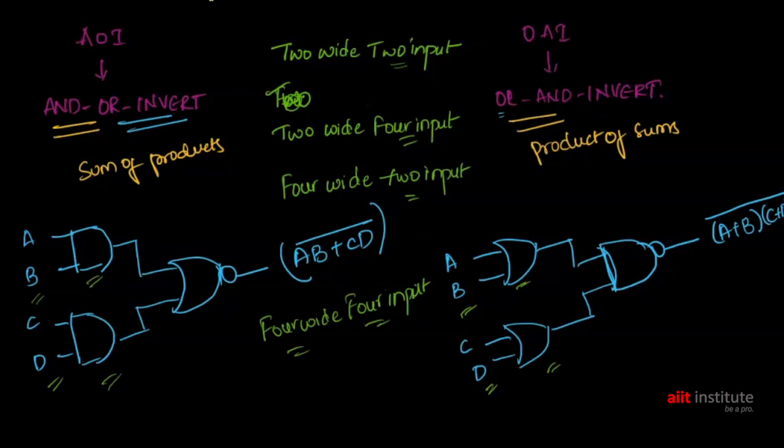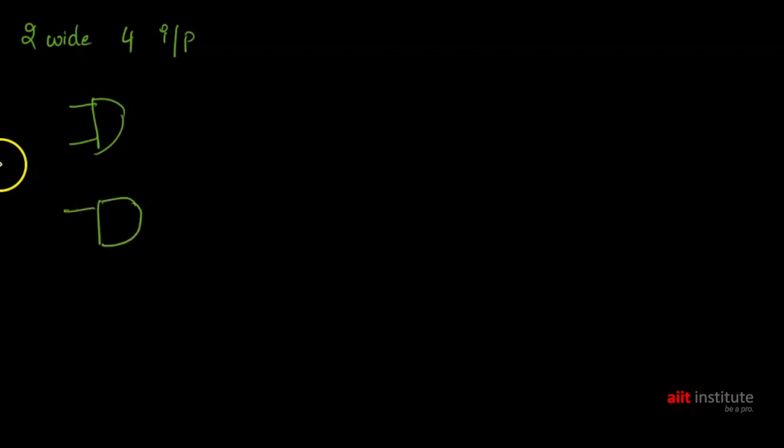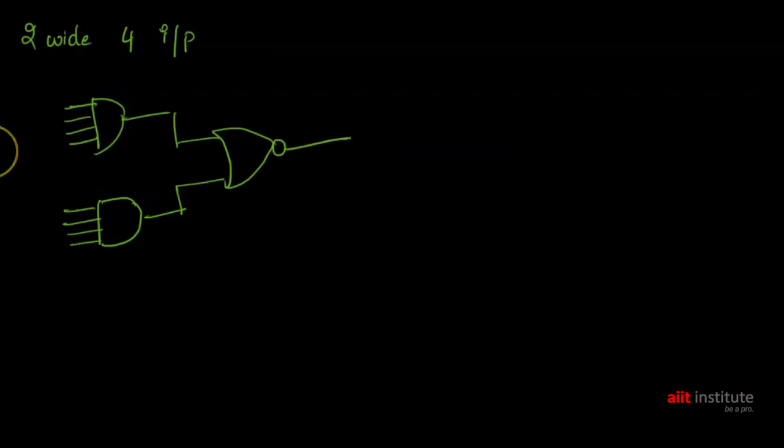Now let us see an example for 2 wide 4 input. 2 wide means obviously we have 2 ANDs. So let us draw 2, but it is 4 input. So we will have 4 inputs. The output of this is fed to an OR, hence comes the final output.